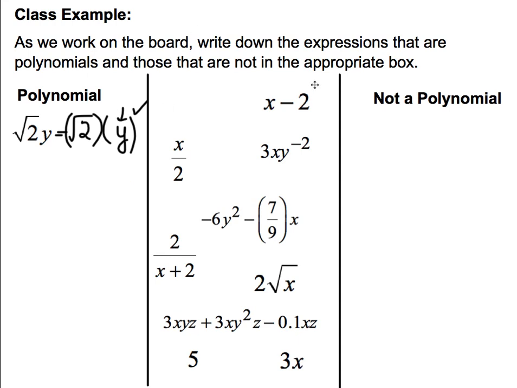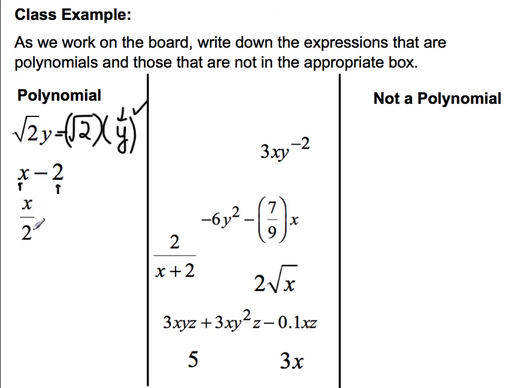Okay, so x minus 2 is a polynomial. We have a constant term, and then we have another term. This one is a polynomial.